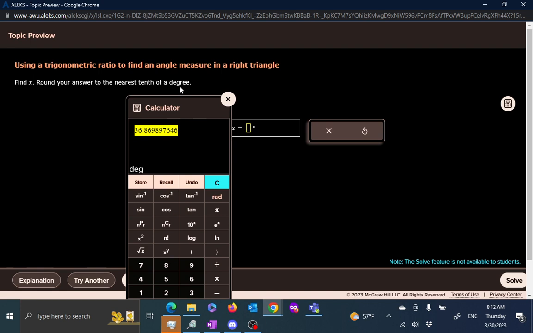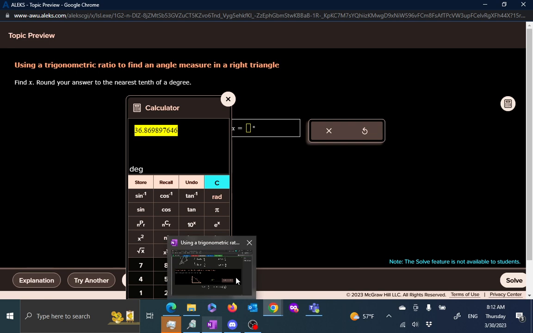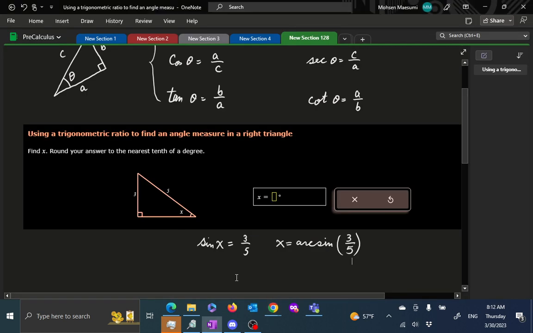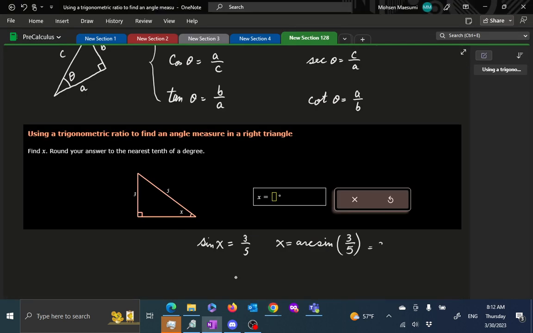To the nearest tenth of a degree, it's going to be 36.9. So my answer would be 36.9 degrees, and that would be the answer. So 36.9 degrees.